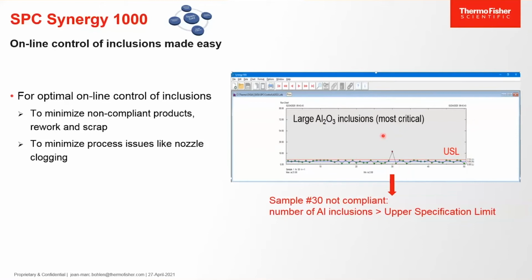So in this example, for sample number 30, it was found that the number of aluminum inclusions is above the upper specification limit, meaning that the content of inclusions is not compliant.